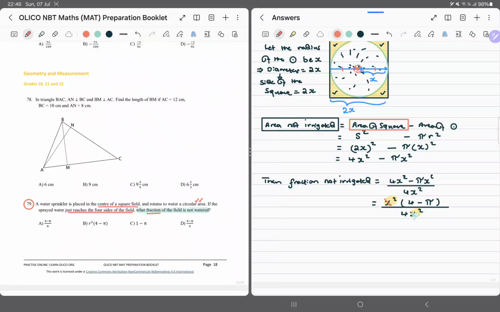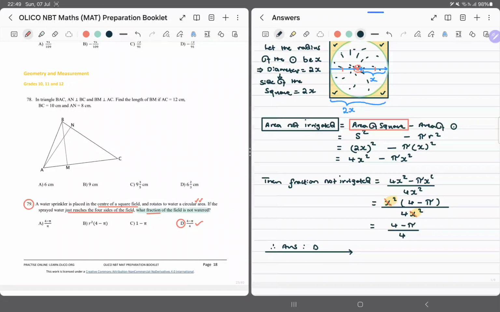And as a result, that will cancel out. And this leaves us 4 minus pi over 4. Do we have something like that? Option D. Okay, so we can put our answer here and say therefore the answer to this question is option D.